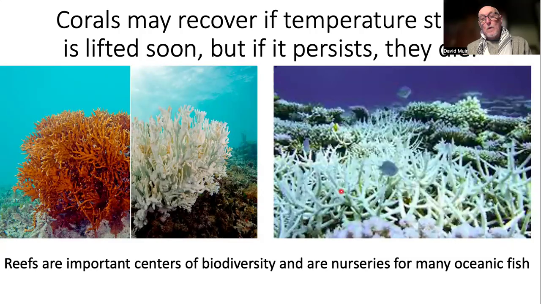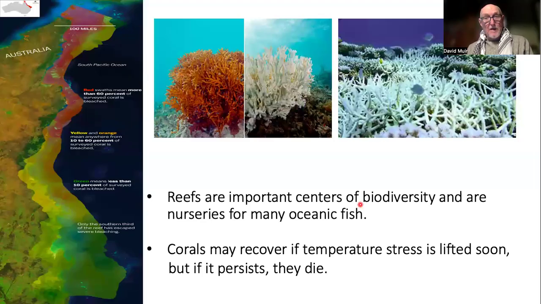The coral becomes weakened, cannot lay down a proper skeleton, and is very easily damaged by wave action. Normally they are very strong and survive even hurricanes and things like that. But weakened, they start to crack, break off, die, and they are not replaced. So this can be absolutely catastrophic.